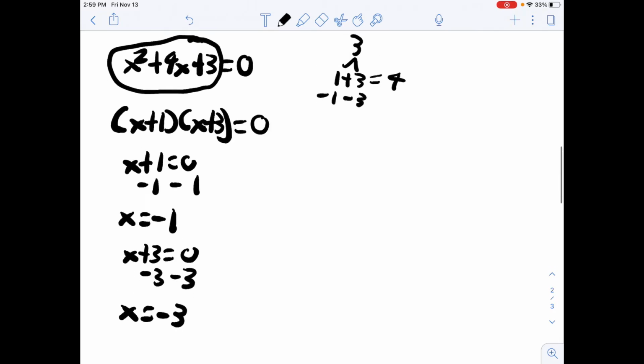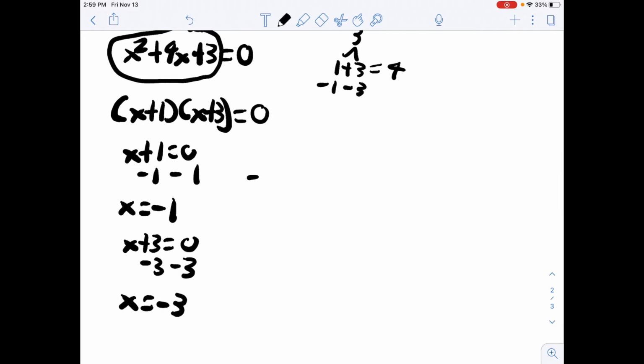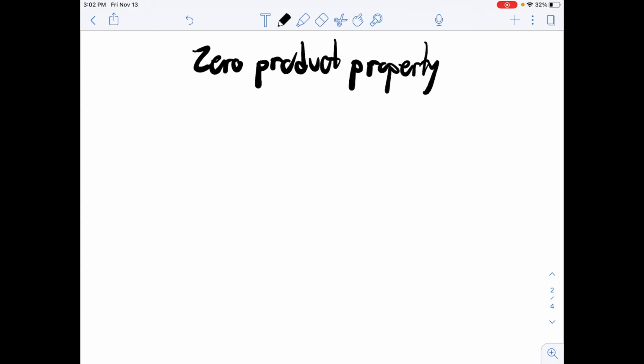So this equation has two solutions, -1 and -3. And what we just did above illustrates the zero product property. This states that if the product of two numbers is 0, then either number or both numbers equals 0.